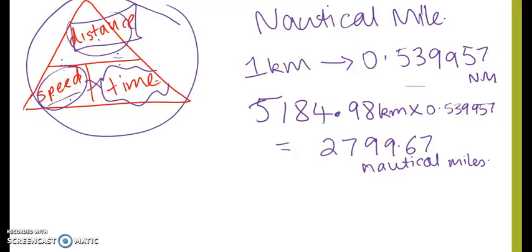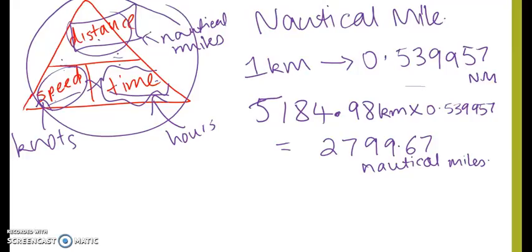Now, say we're asked for time specifically, how long is it going to take you to travel from one spot to another when traveling at a particular speed. Distance in this situation will always be in nautical miles, time will be in hours, and speed will be in knots. And knots is how many nautical miles you travel in 1 hour.